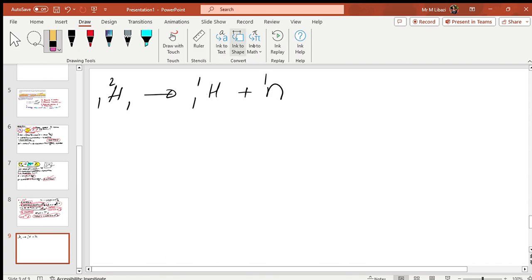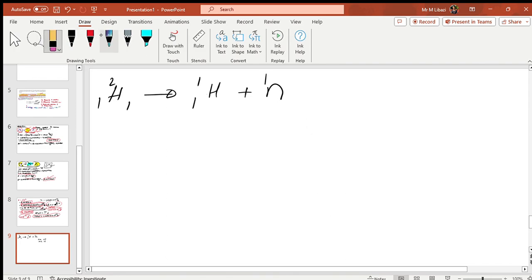So anyways, I don't think this should be difficult. We'll be left with one neutron and one proton. Either way, we just have one mass for each.